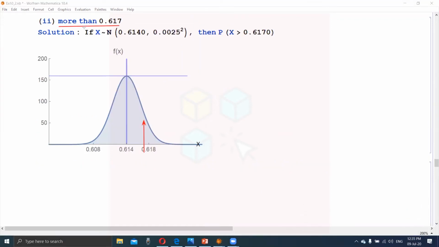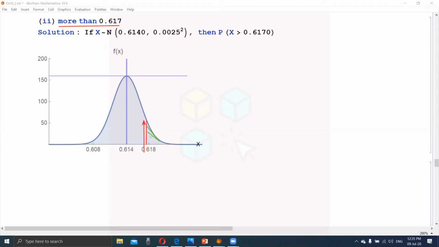more than 0.617. So we will mark on the number line a point on the inner side of 0.617, because "more than" means 0.617 should not be included in the probability. So one more line is introduced on the right side of that point, and we will shade the probability more than 0.617.